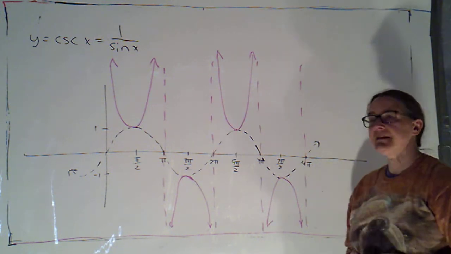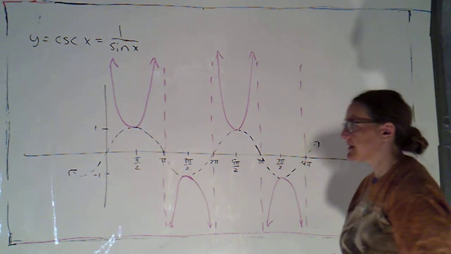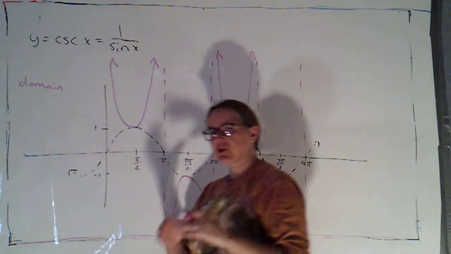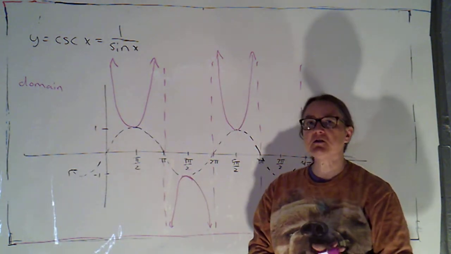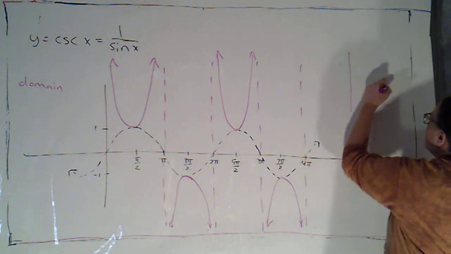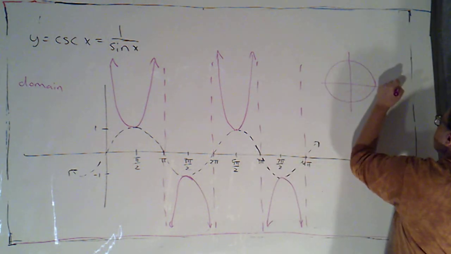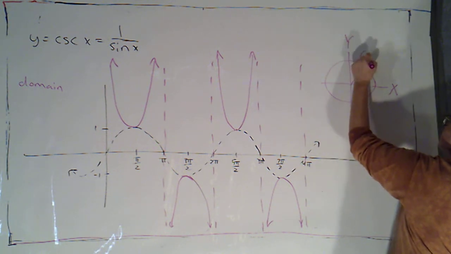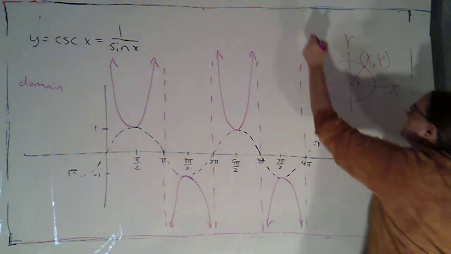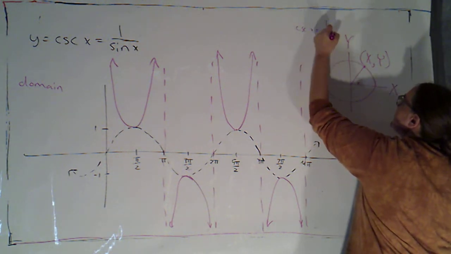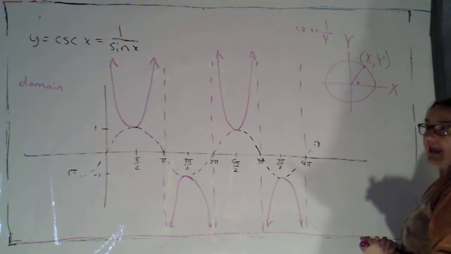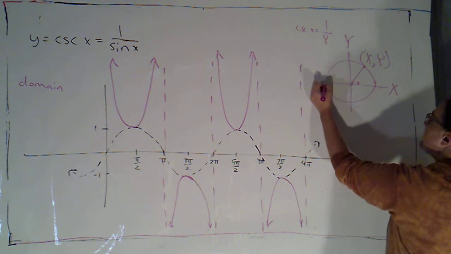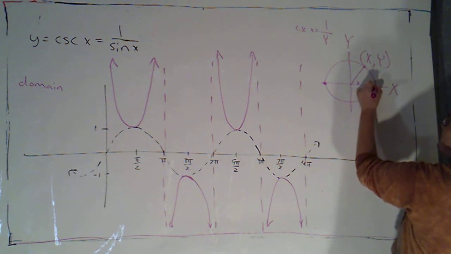I want to just tie this in with some stuff that we talked about previously. If we talked about the domain of this, before we had just been looking at the unit circle. We had used the unit circle definition of cosecant, which was that cosecant of little x would be the reciprocal of capital Y. So we were looking for the points where our capital Y values would be 0, and those corresponded to those points.